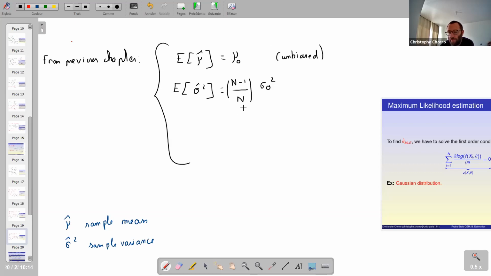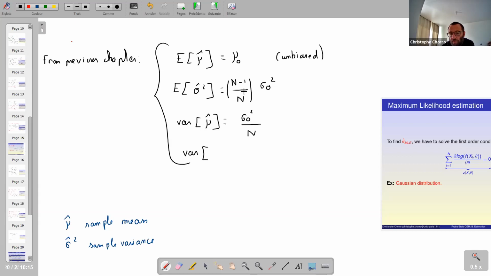And we know also that if I want to compute the mean square error in the case of mu hat, it is just the variance of the sample mean, that is equal to sigma 0 square over n.